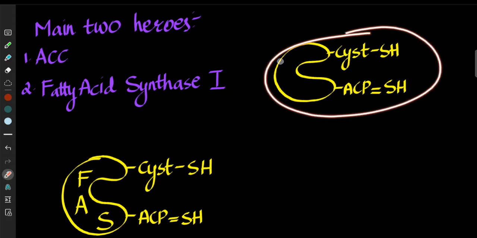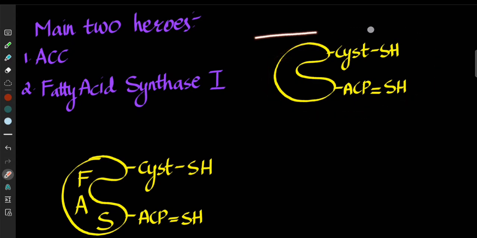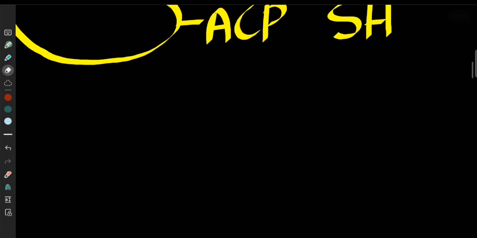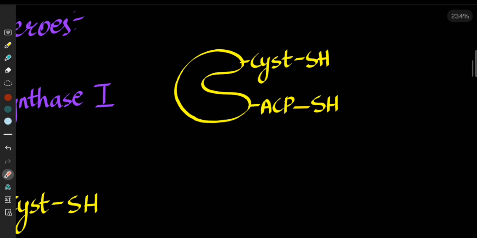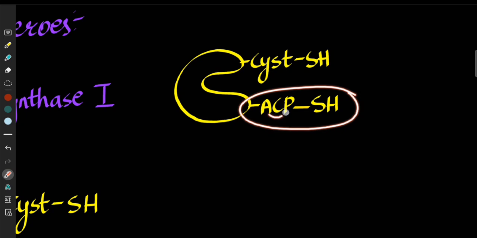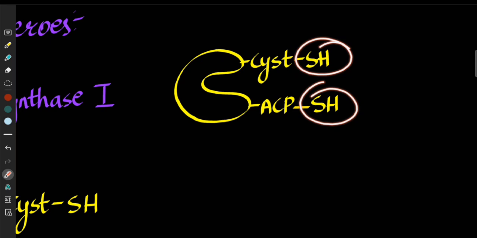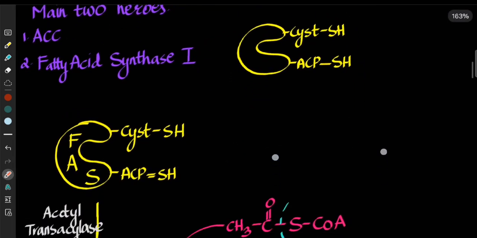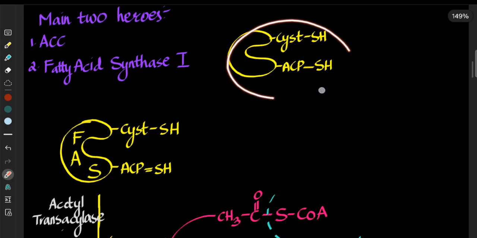It has a cysteine group at one end and acyl carrying protein at the other end, and they have a thiol group, of course. So just remember that cysteine and acyl carrying protein will be there.